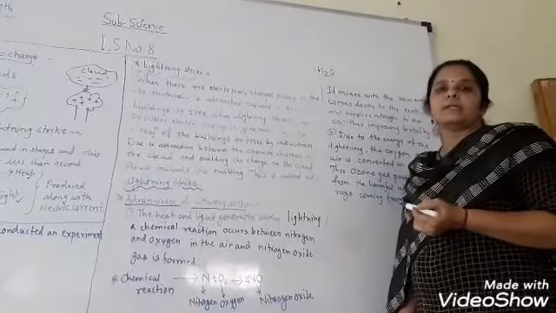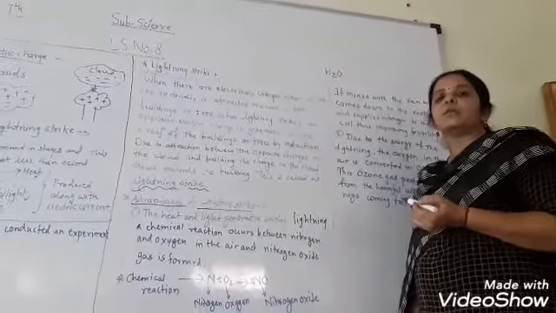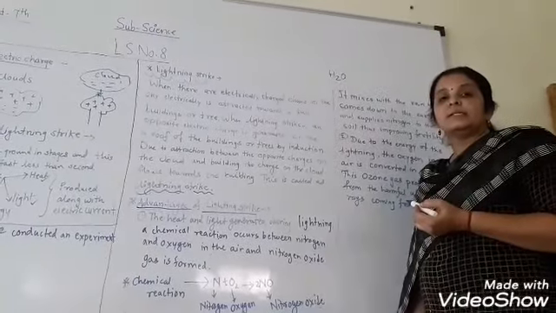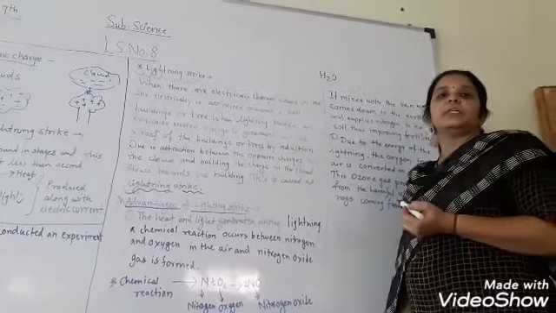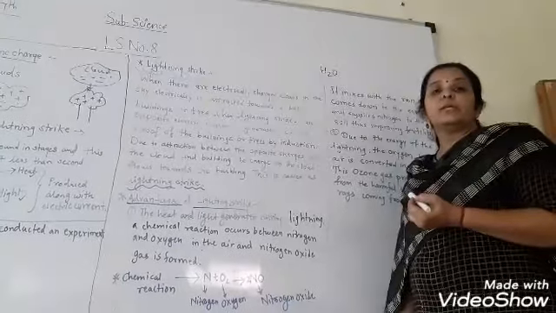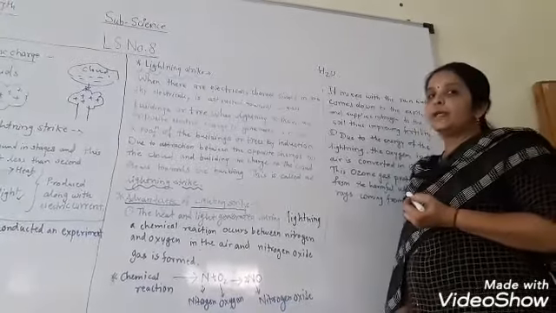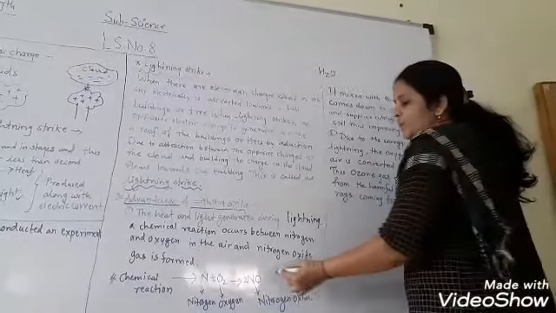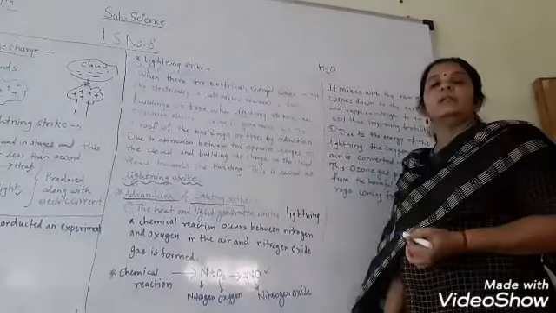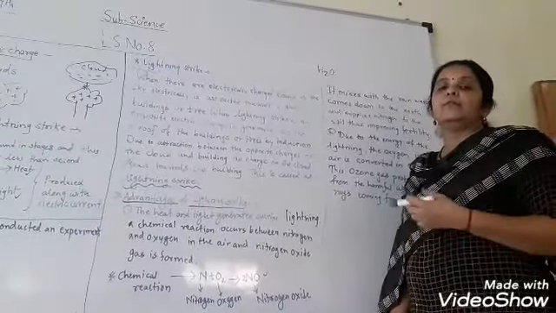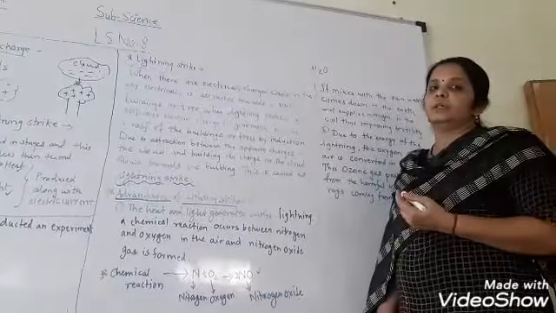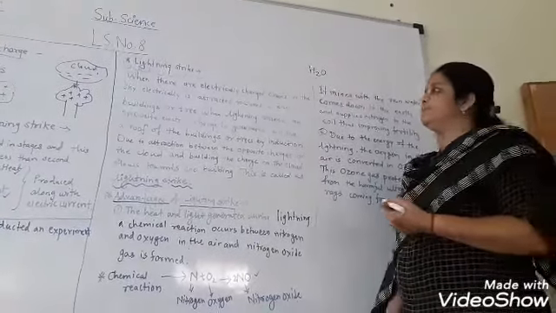For plants to grow, what is necessary? They need nitrogen also, but they can't take nitrogen directly from the atmosphere. But in this way, if it is possible, then plants and the soil fertility are helped, increasing.